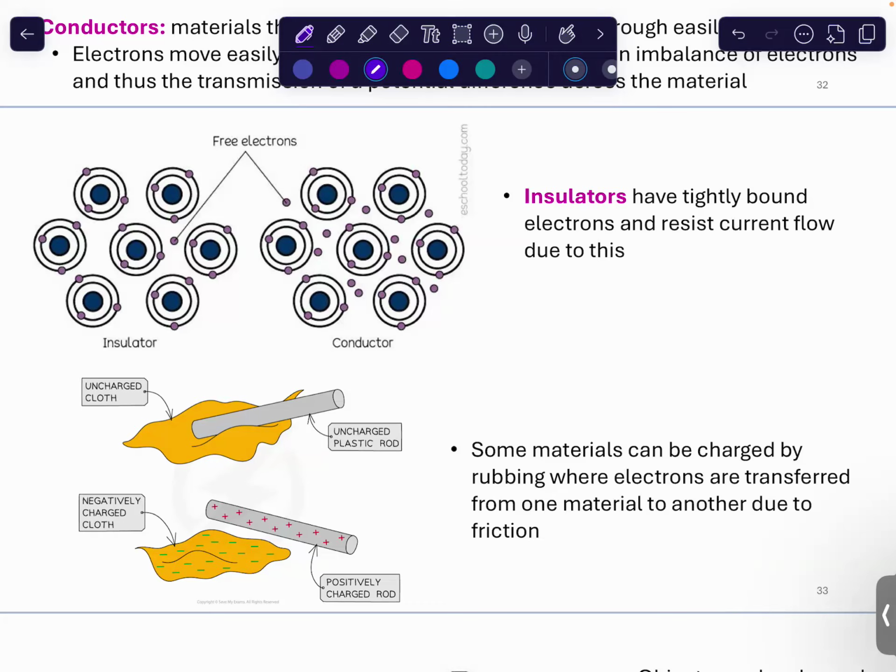Electrons that are given ionization energy will achieve positive energy and escape. Some materials could be charged by rubbing with other materials. Like with a plastic rod, you can actually remove electrons from the plastic. They'll just take them off.